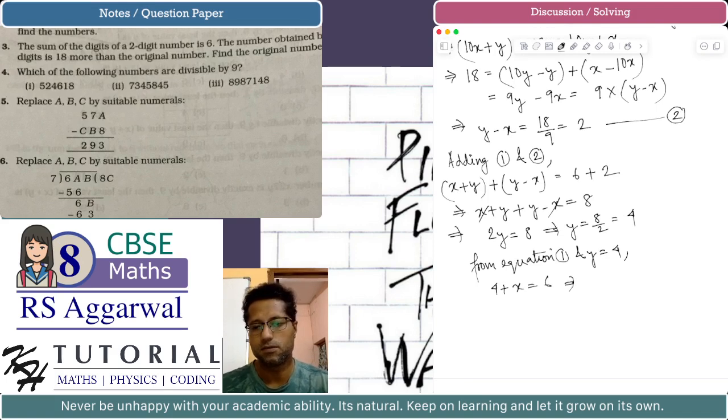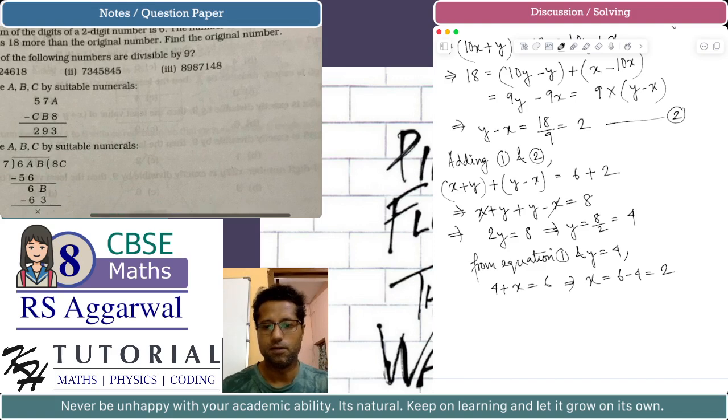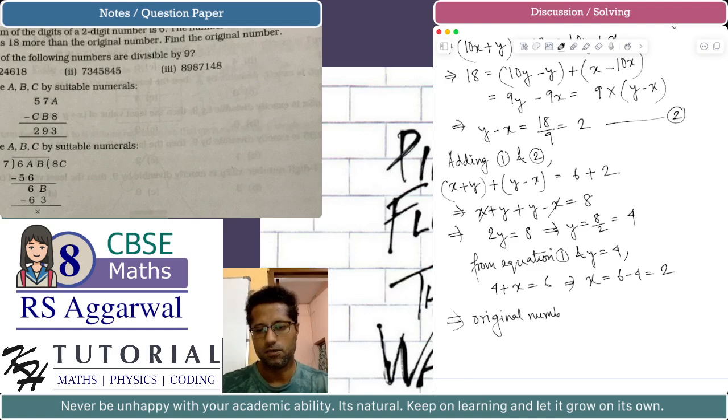So this implies x equals 6 minus 4, that is equal to 2. So x is equal to 2 and y is equal to 4. The question is to find the original number. So the original number is xy, that is 24. 24 is the original number.